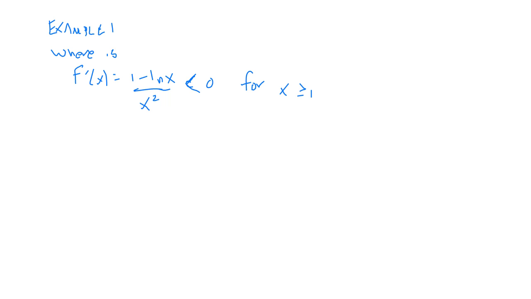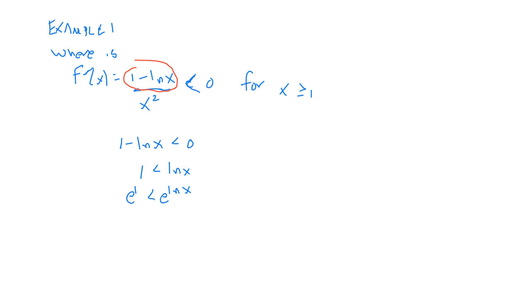Well, the denominator is never 0 if x is greater than or equal to 1. So the derivative being negative is dependent on the numerator being negative. Well, when is 1 minus log of x negative? When's it less than 0? It's negative when 1 is less than the log of x, or when e to the first power is less than e to the log of x.